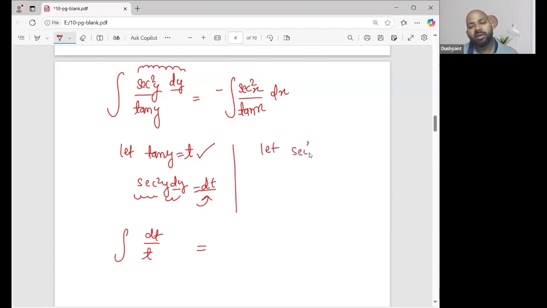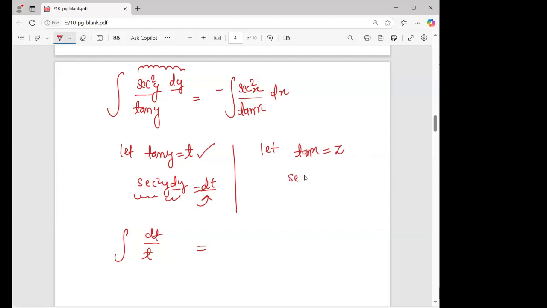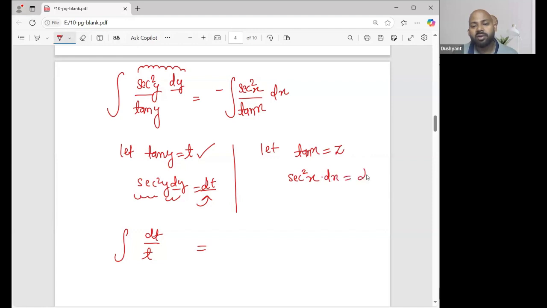Let tan x equal, we can say, z. On differentiating, what is the differentiation of tan x? The differentiation of tan x is sec square x, so sec square x dx equals dz.